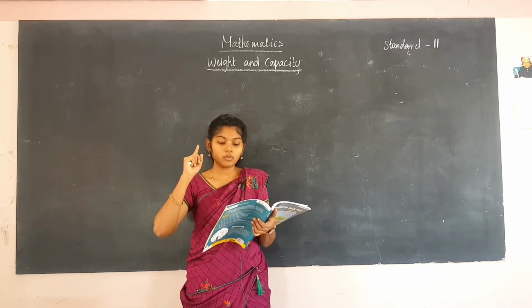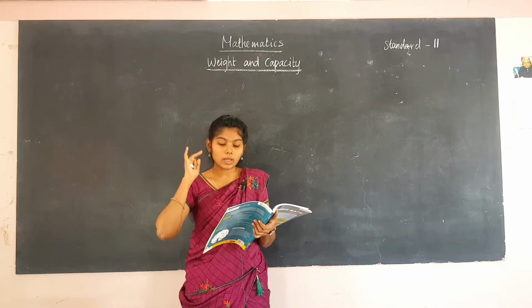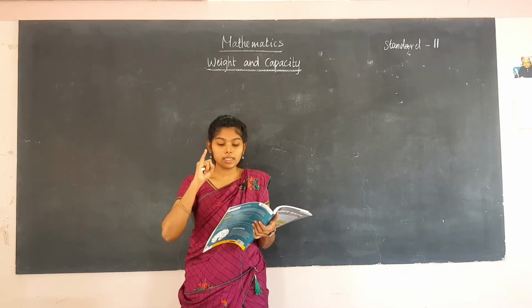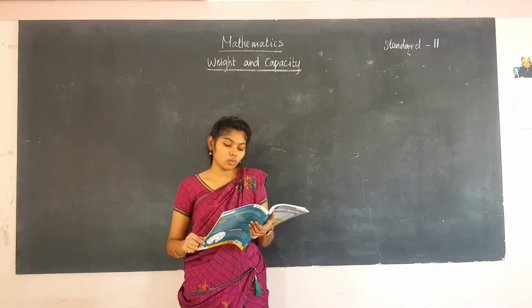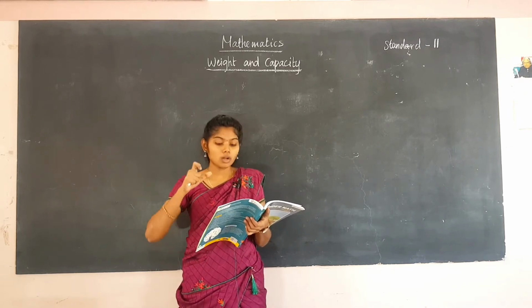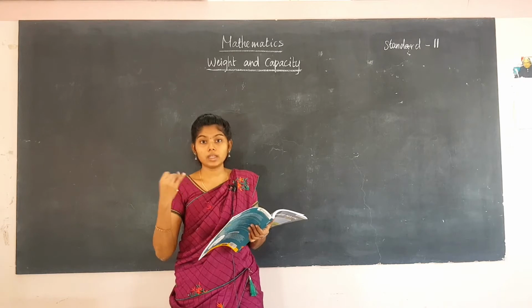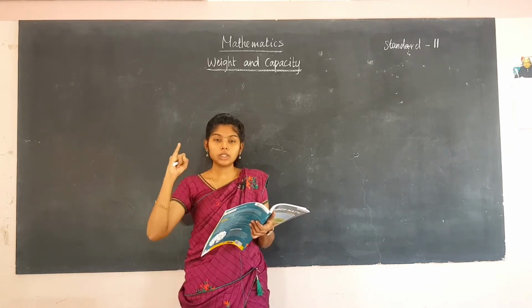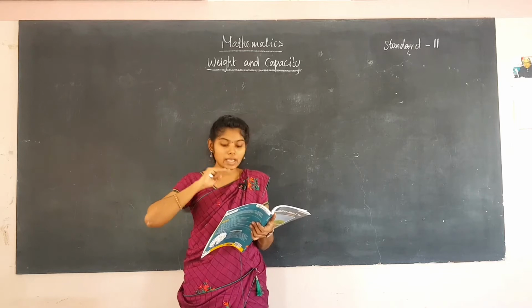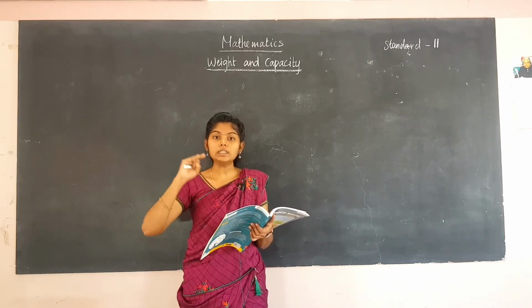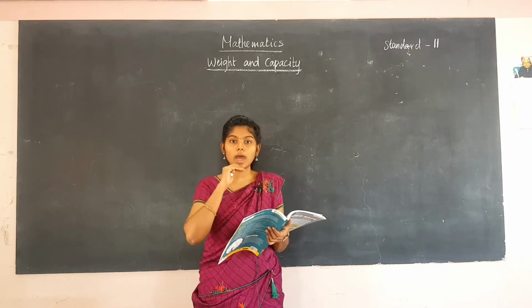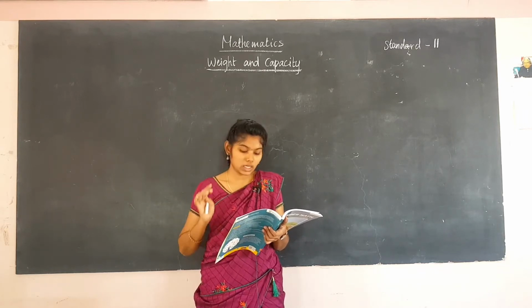So for the weight of objects you will see grams and kilograms, and for the capacity of containers you will see milliliters and liters. Then solving real life word problems based on weight and capacity, you will see in this chapter.